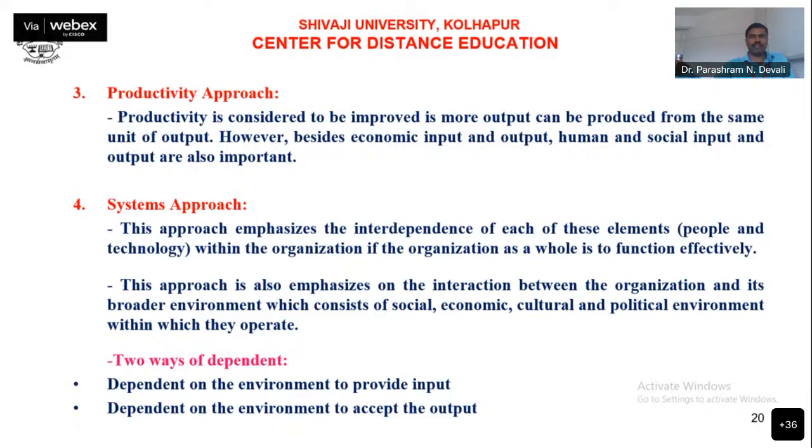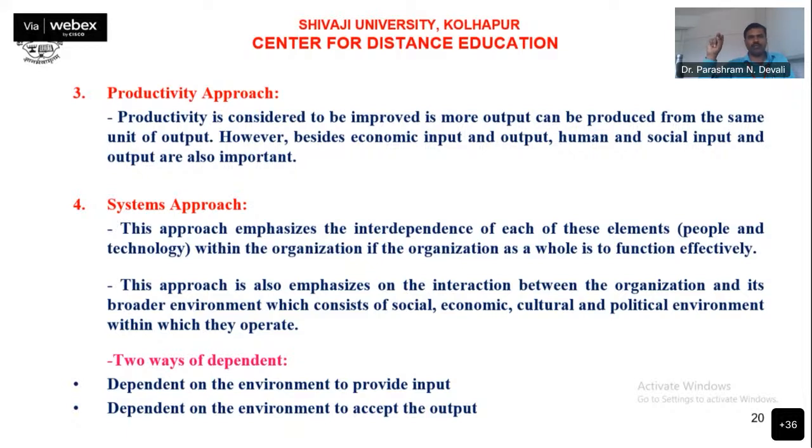This approach emphasizes the interdependence of these elements, people and technology. Why do we use technology? Because we want to adopt innovation and invention in our production process. That is part of system.